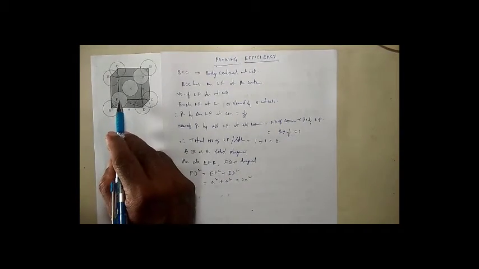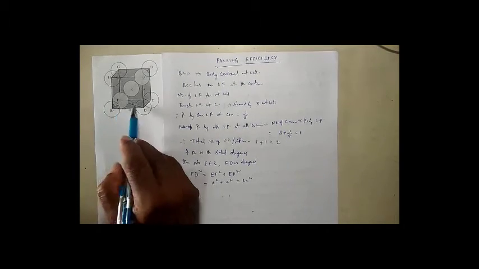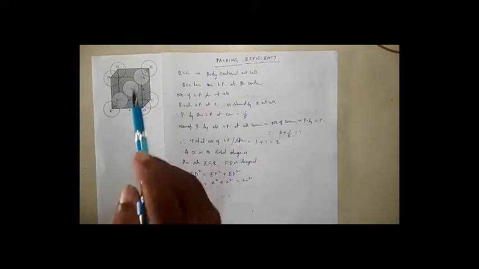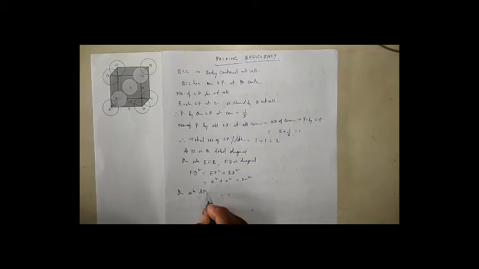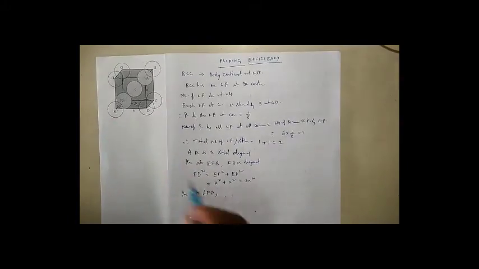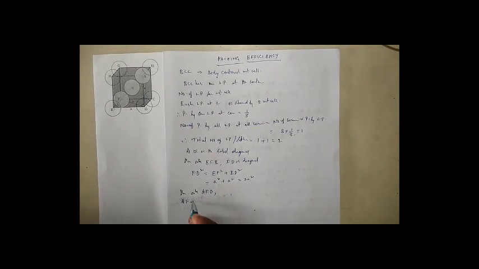Now we have this facial diagonal. FD is a facial diagonal of one face, and in triangle AFD, this is 90 degrees. AF is the solid diagonal.